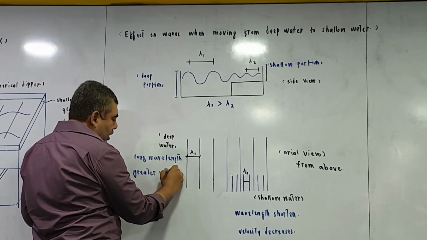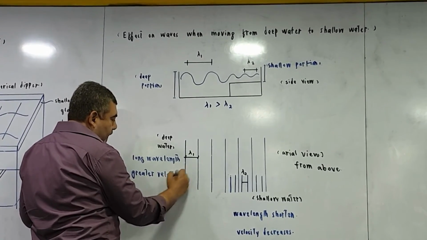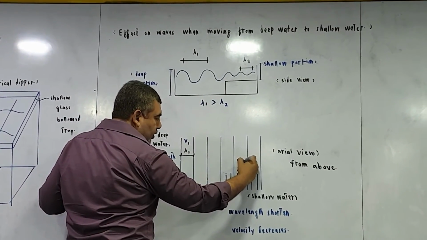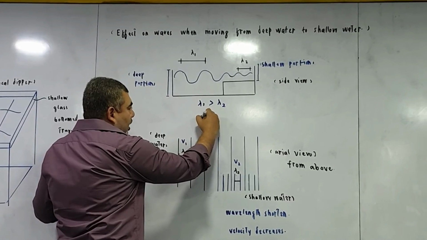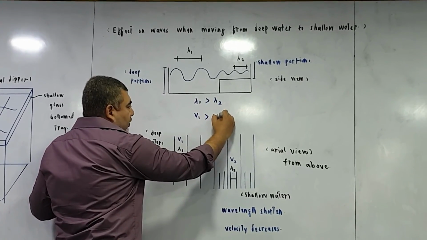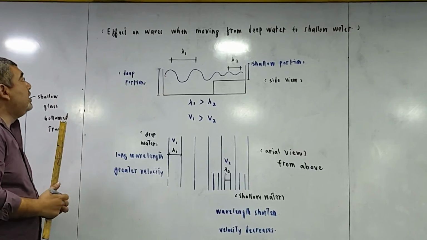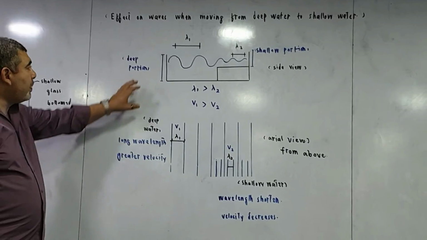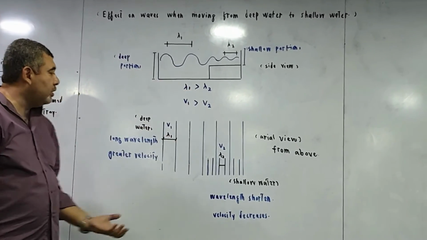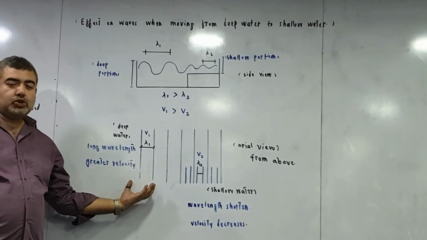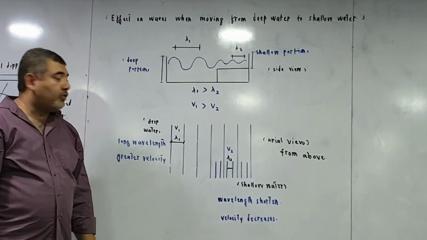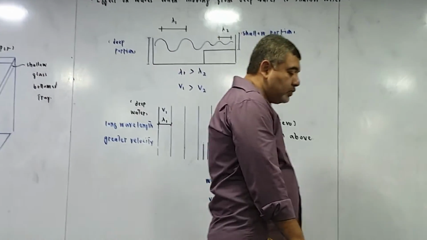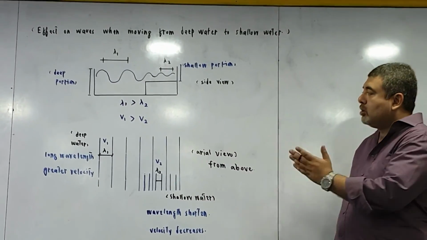It's greater velocity. यहाँ पे velocity it's v1, यहाँ पे velocity it's v2. The same, v1 greater than v2. This is how we discuss the effect on waves when they are moving from deep water to shallow water. So हमारे पास जो long wavelengths they become shortened. और यहाँ पे अगर हम show करेंगे velocity wise और wavelength wise, so they are shown like this. Hope you understand what is the effect on waves when these waves are traveling from deep water to shallow.